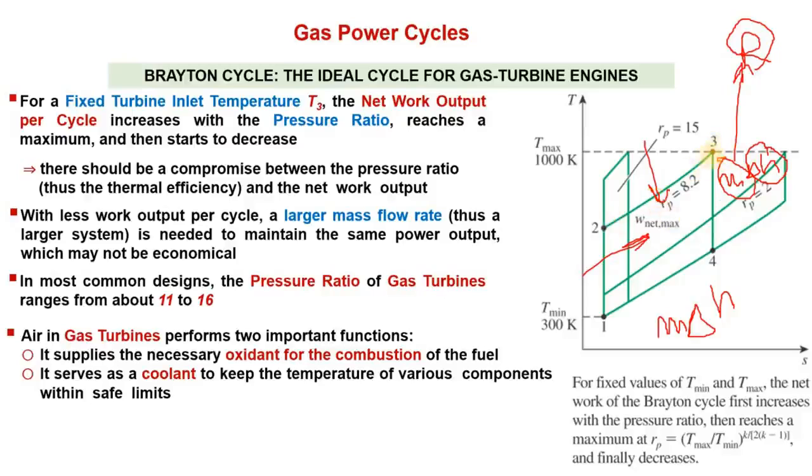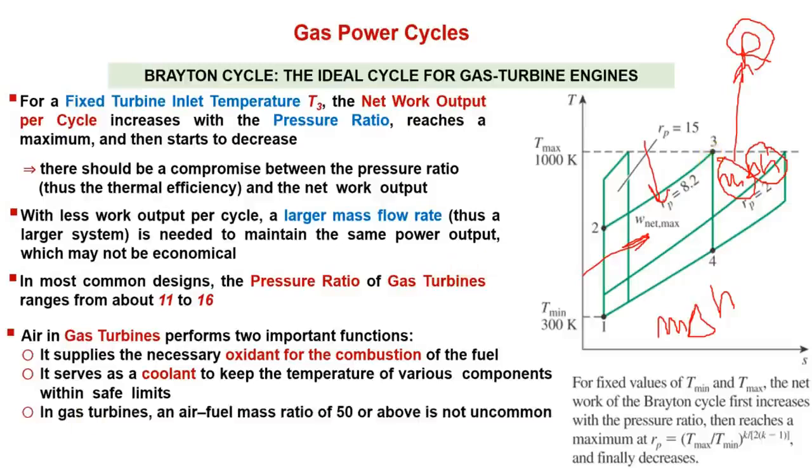So it will not make the temperature of the burnt gases go to a very high value, right? That's why in gas turbines the air to fuel mass ratio could be around 50 or even above 50.